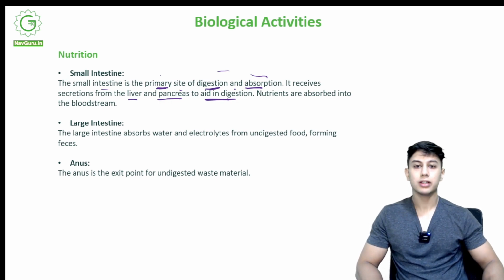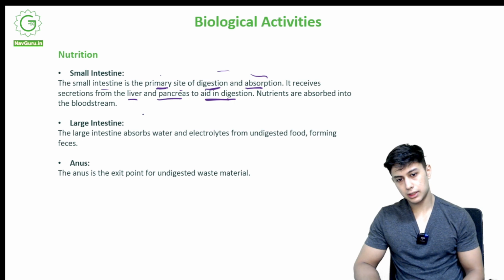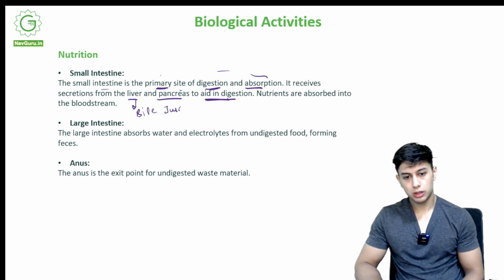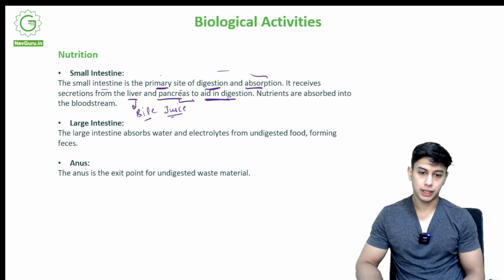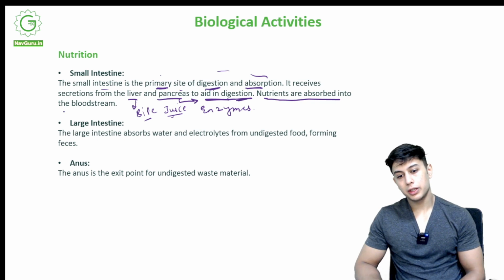The liver secretes the bile juice, and the pancreas will also give enzymes to help in digestion. Nutrients are absorbed into the bloodstream.